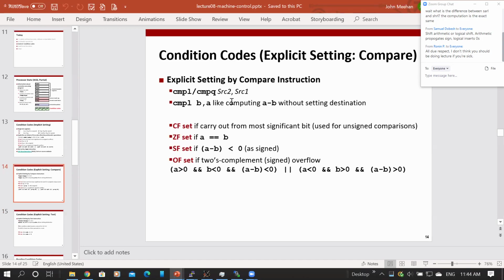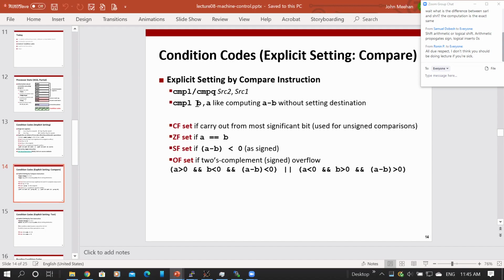because this thing is counterintuitive the way it shakes out. Something screwy is going on when they write source 2 here and source 1 there. Why didn't they write 1 there and 2 there? Well, the reason is below. If I do compare long word B, comma A, what that is like is it's saying take the B, the thing on the left, and subtract it from the A. We don't want the result of that value. We don't get the result anywhere like we did with a real subtract instruction.